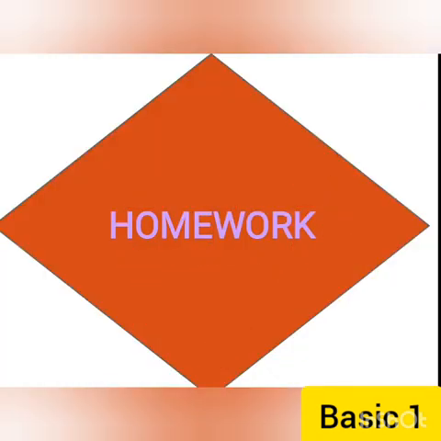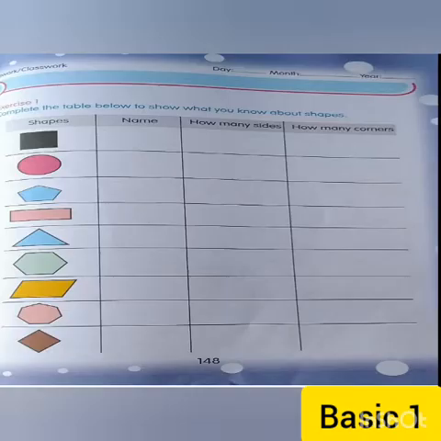Let's look at your homework. This is the page 148 we just did. We did the first 5, so your homework begins from the last 4 shapes, which are the hexagon, parallelogram, and the heptagon with the kite.